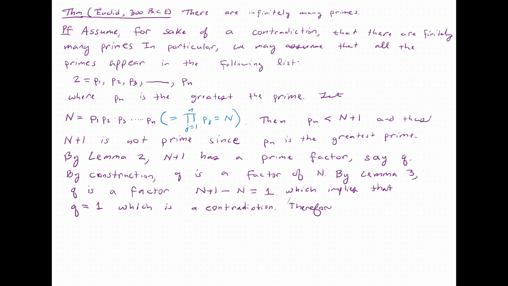Therefore, there are infinitely many primes. And we are done. We have finished the proof. And so now we have established that there are infinitely many prime numbers.